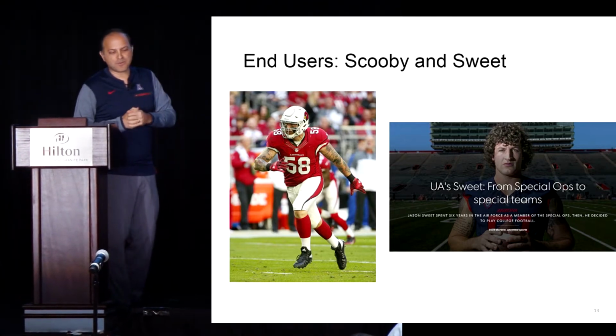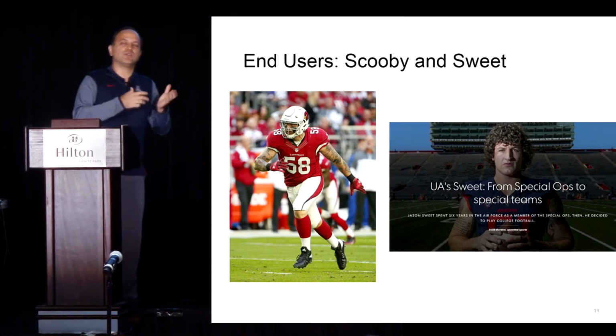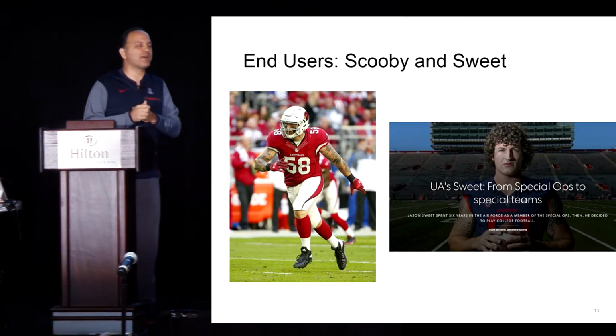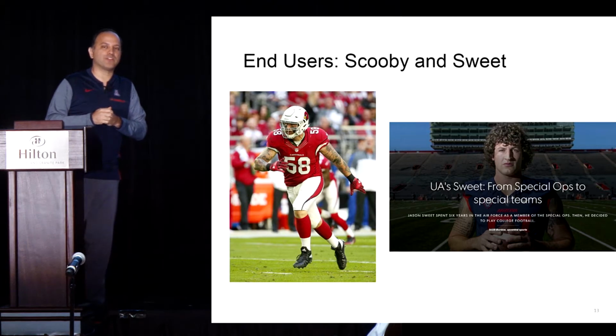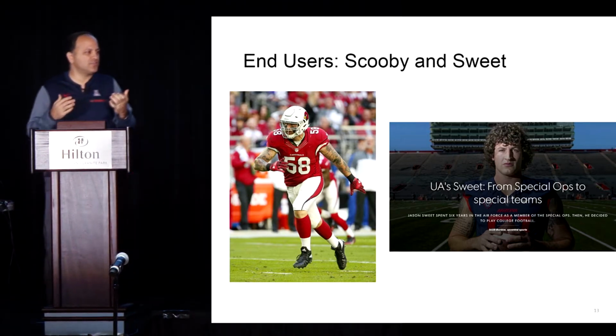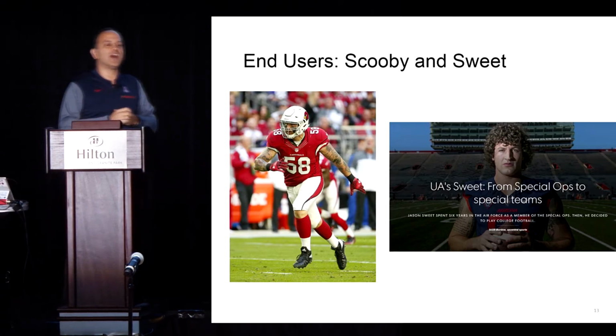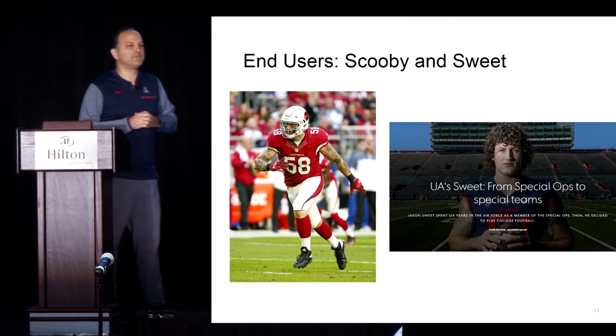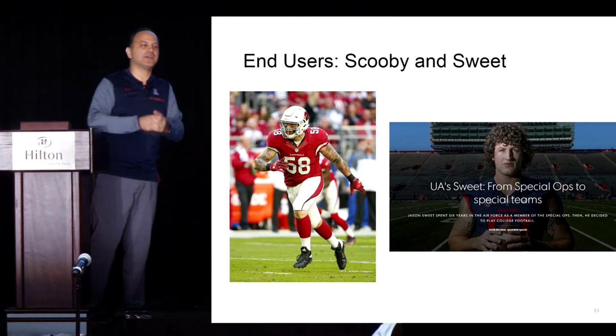And then the gentleman on the right, it turns out before Jason Sweet came to the University of Arizona, he was in the military for about 4 years as a pararescue jumper. And this particular job, obviously you're parachuting frequently, but it turns out you get a lot of concussions as a pararescue jumper because you're hitting the ground coming down in a parachute.